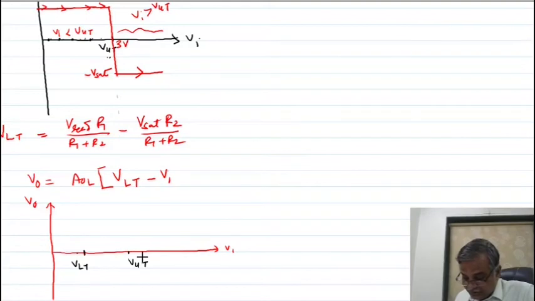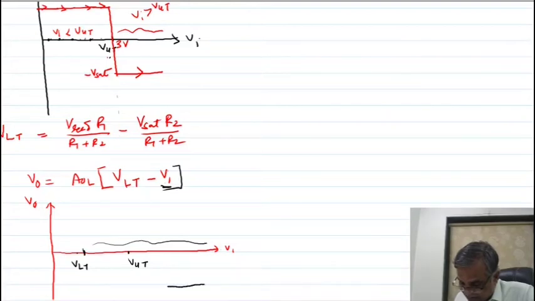Now see here, when Vi is more than this, output is negative. In this region Vi is more than this. As your Vi is decreasing from a higher value up to this, output will be minus Vsat.